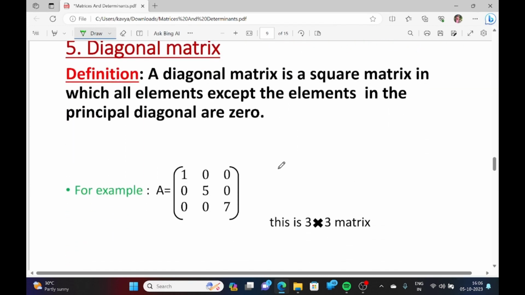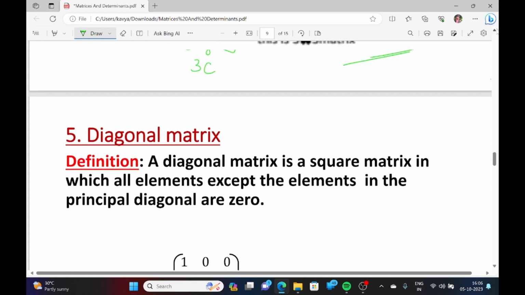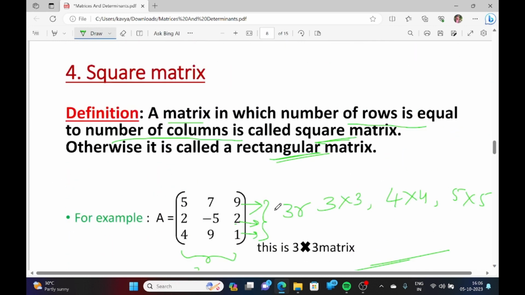Okay, next, diagonal matrix. Only in a square matrix will we get the diagonal matrix. Here we can see that this is a square matrix, right? These are the diagonal elements, and this is called the principal diagonal. This is also a diagonal, but this is called the principal diagonal.